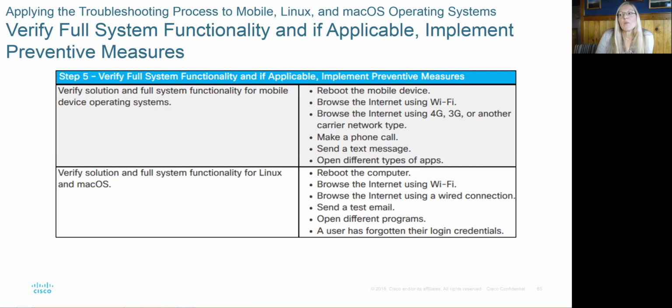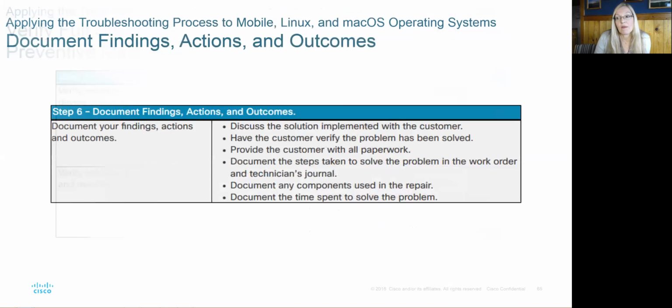Okay. So make sure that you tell your users to verify that it's fixed. And of course, once you've done all of that, you're going to want to document everything. So document, discuss what the solution was.